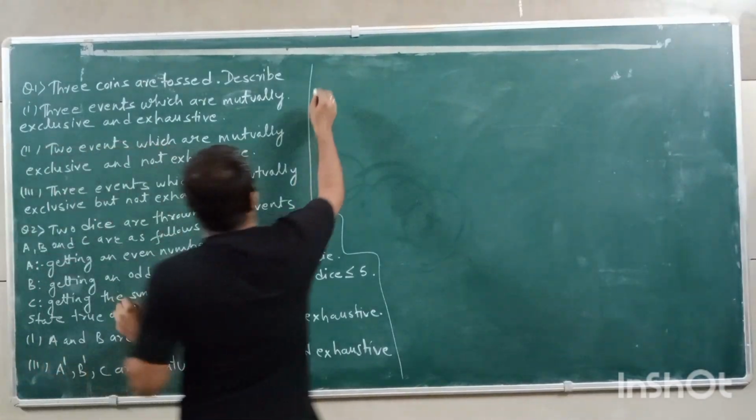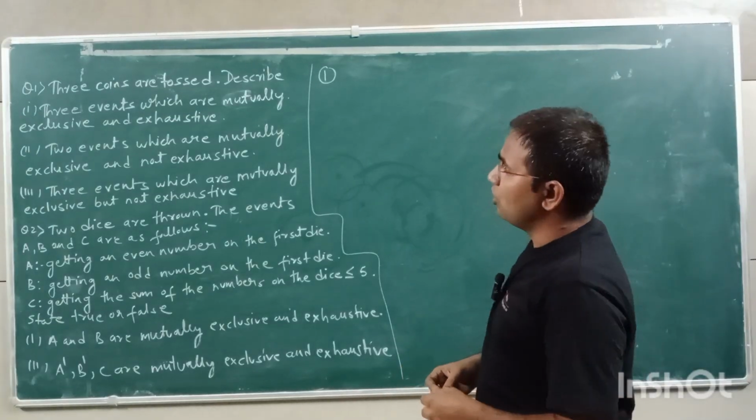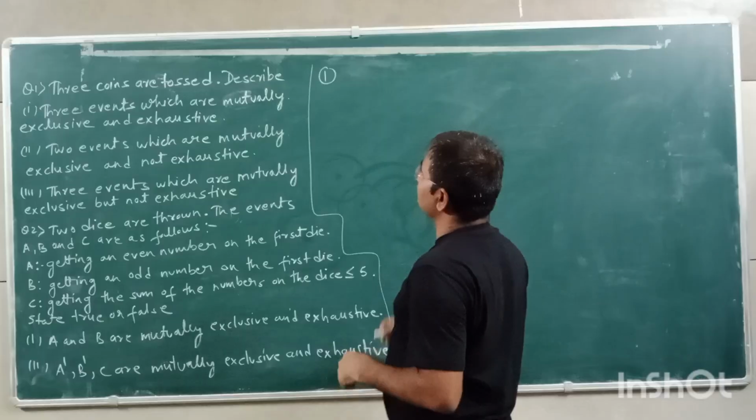First of all, we will write the sample space of the experiment of tossing 3 coins.